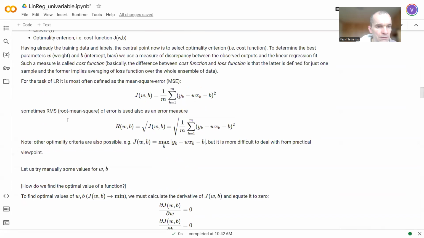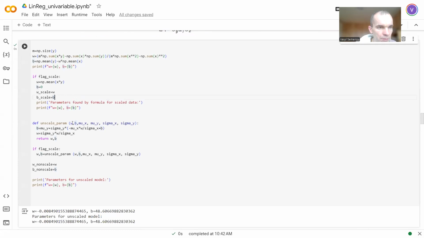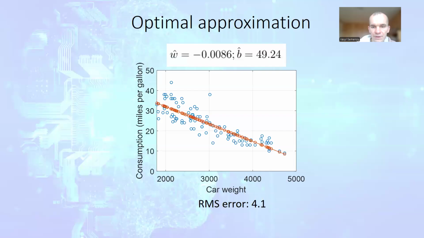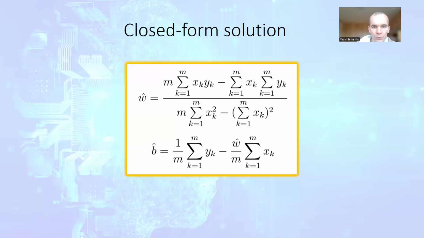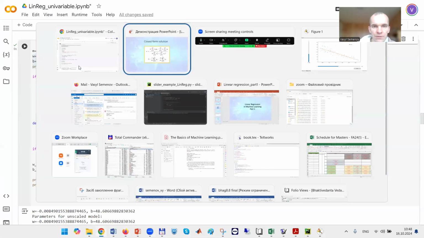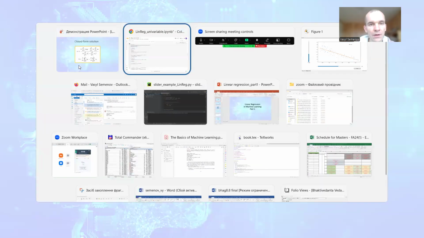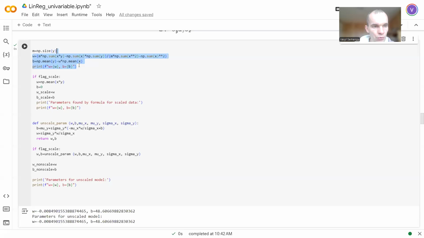Yes, now they are scaled, and I can calculate W and B by the following formulas. But there is a very nice property of operating with scaled data: these formulas greatly simplify when the data are centered and scaled, as we showed before.